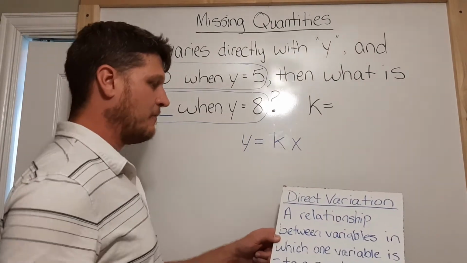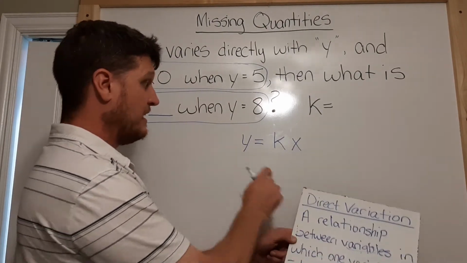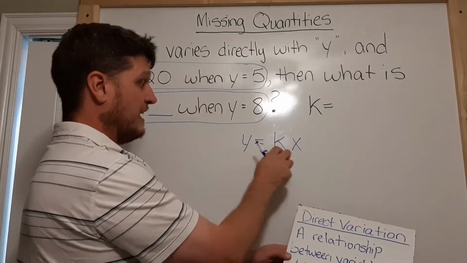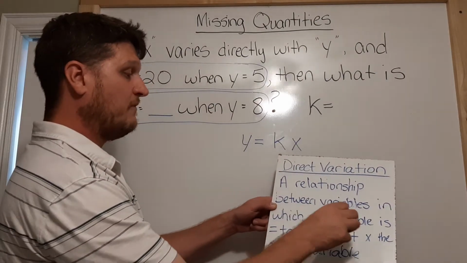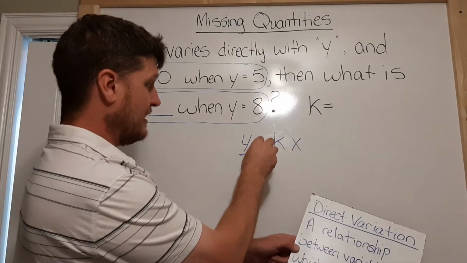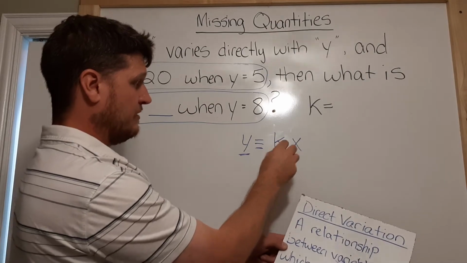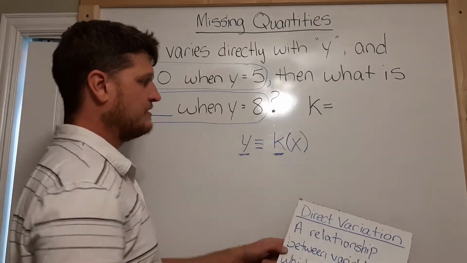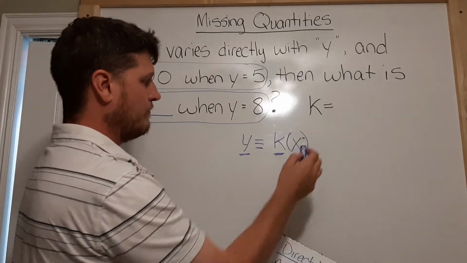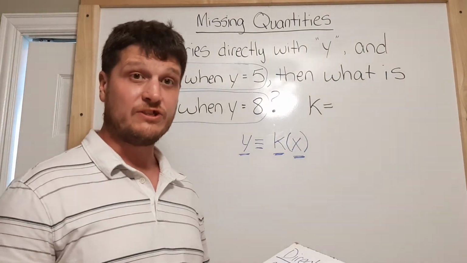It's a relationship between variables, and these are variables, well, all three of them are, these are variables and that's a constant, in which one variable is equal to a constant times the other variable. You can take the words and put them into a nice, neat little equation.